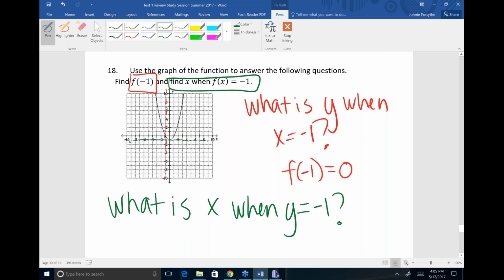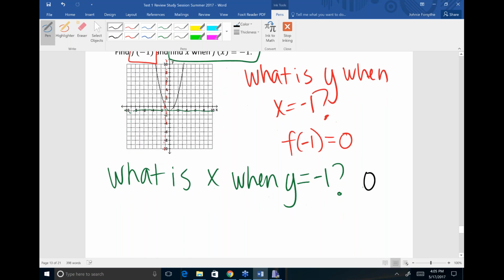When y is -1, your graph is at x equals 0. So at f of 0, so f of x equals -1, we just found what x is. So the answer here would be 0. Let me just write it like that. It would be 0.